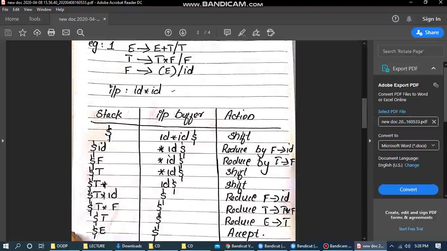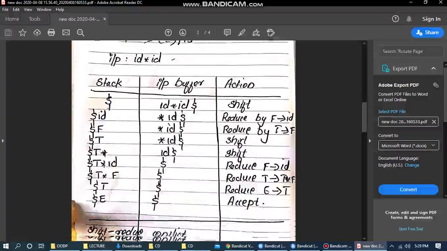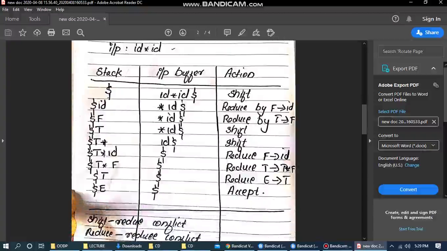So we will get a total error if we reduce T by E. If we perform shift action, then we will get another production, T gives T star F. So we perform shift here. That type of problem which arises is called a shift reduce conflict. You understand? Yes.